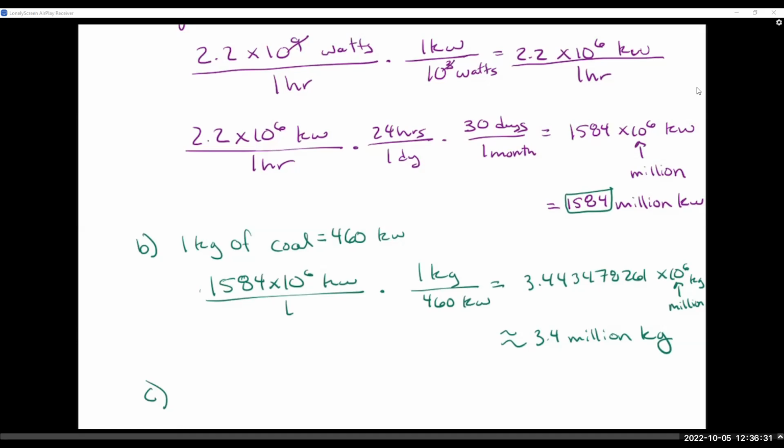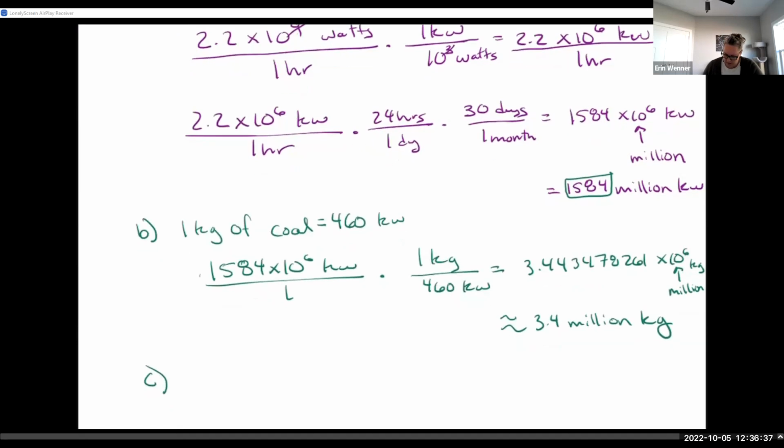Okay, so part C says if a typical home uses 1,004 kilowatt hours per month, how many homes can this power plant supply with energy?